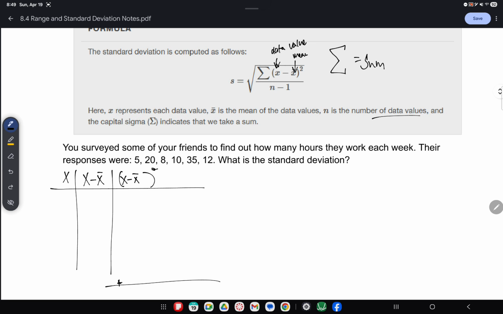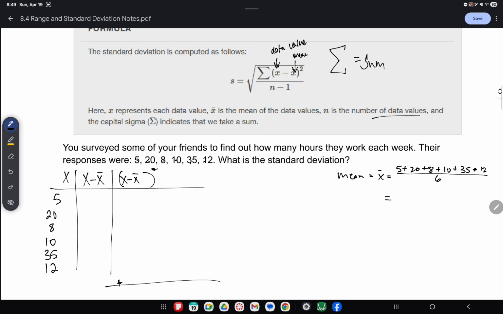We only have a few values here: 5, 20, 8, 10, 35, and 12. So let's find the mean, or that X bar. We add up all the numbers: 5 plus 20 plus 8 plus 10 plus 35 plus 12. And then we divide by how many data values there are: 1, 2, 3, 4, 5, 6.